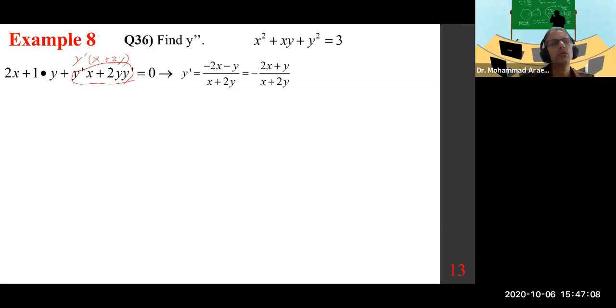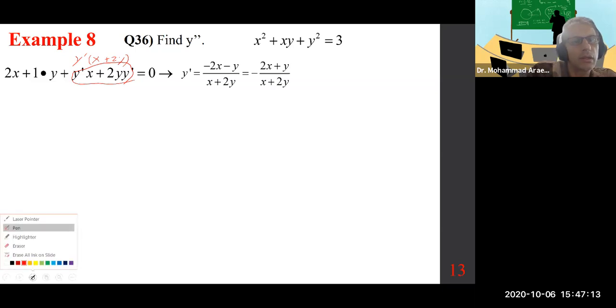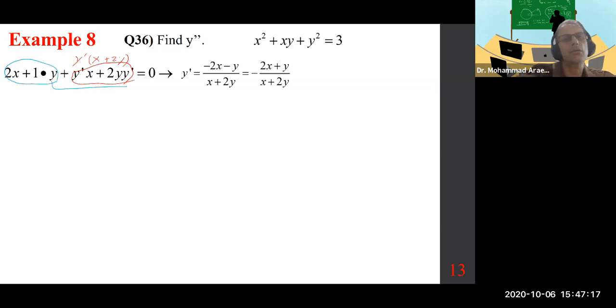And so when you move this 2x to the other side, you get minus 2x minus y. So that's how you get to y prime.